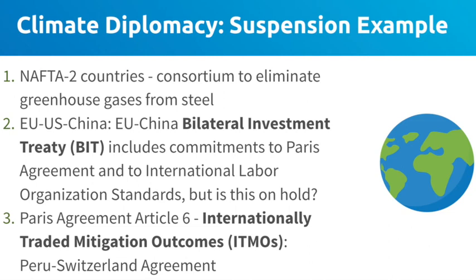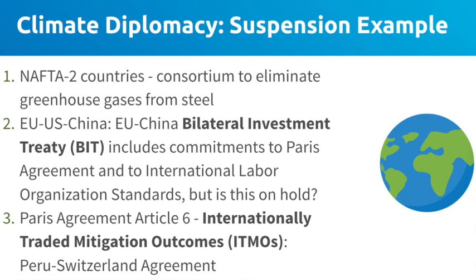I noted that a border carbon adjustment has to have some sort of suspension provision in it. One way to think about this is you could have the NAFTA 2 countries, i.e. Canada, the United States, and Mexico. The United States might have a border carbon adjustment on imports from Canada and Mexico. We might get together and say, okay, let's talk about emissions from steel.